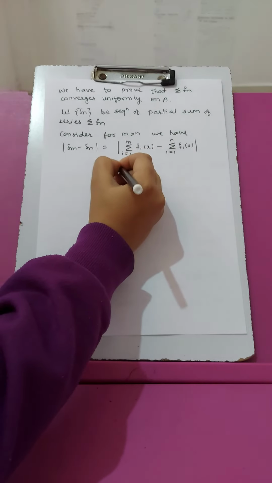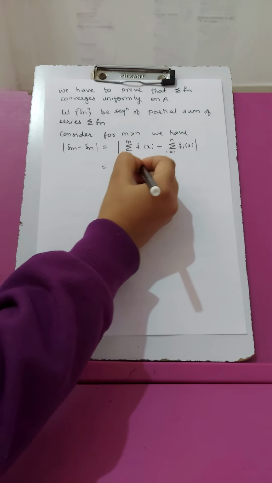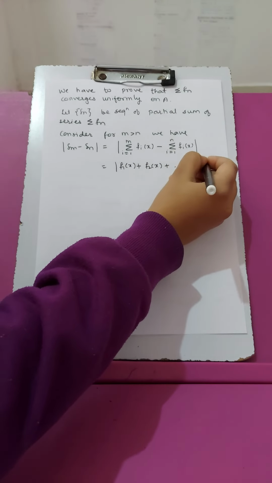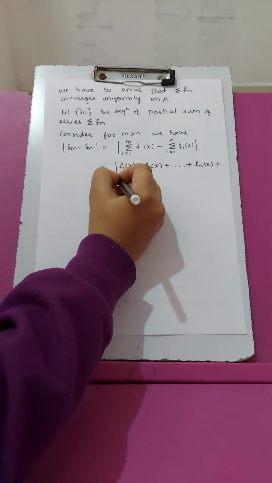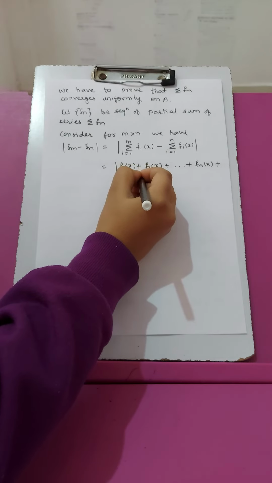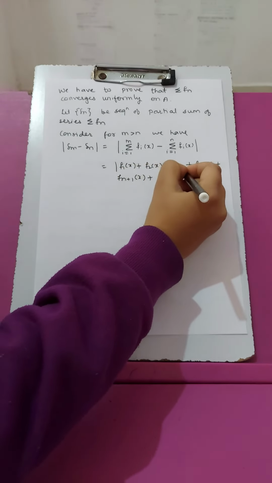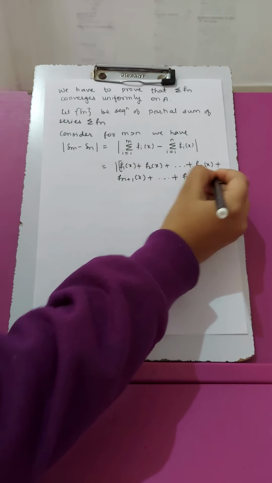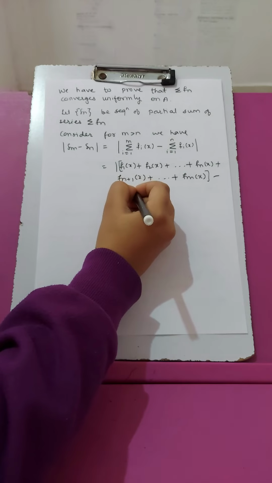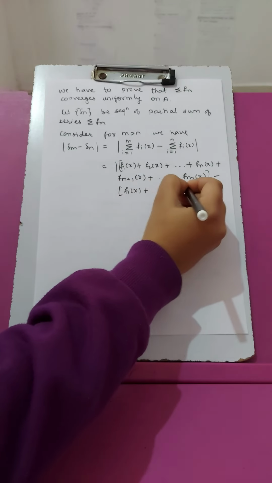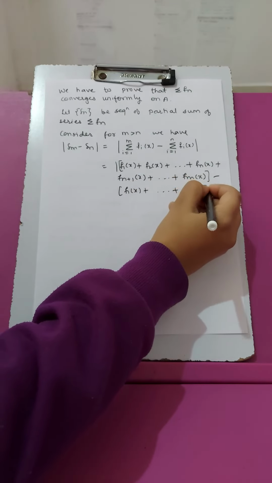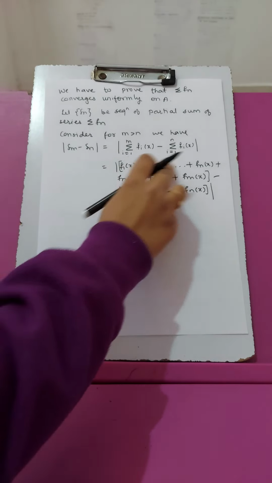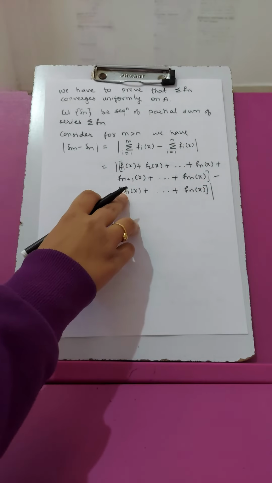So this will be equal to |f1 of x plus f2 of x plus up to fn of x plus fn plus 1 of x plus up to fm of x, minus (f1 of x plus up to fn of x)|. So the first n terms get cancelled with these n terms.